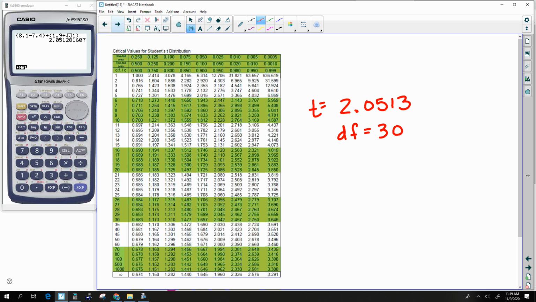Thank goodness I looked. I guess it's up on my calculator. And notice, all right, so degree of freedom of 30, looking for 2.05. It's right in here. It's in between those two numbers right there. 2.042 or 2.04. Yeah, 2.042.